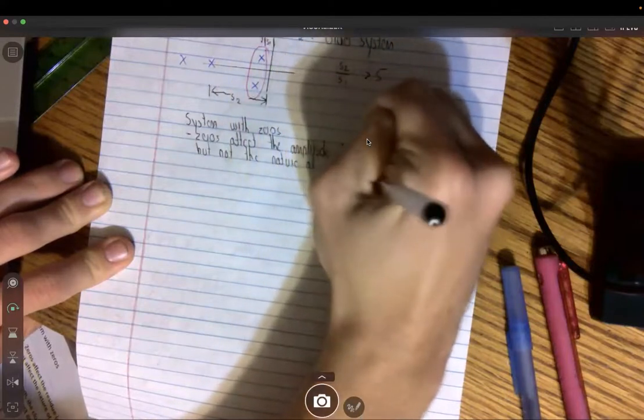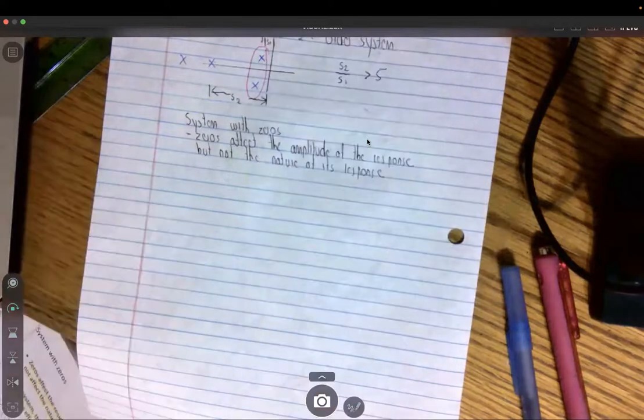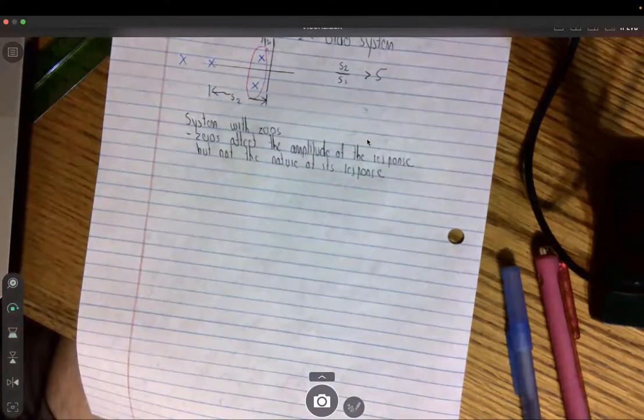The closer the zeros are to the dominant poles, the greater its effect.